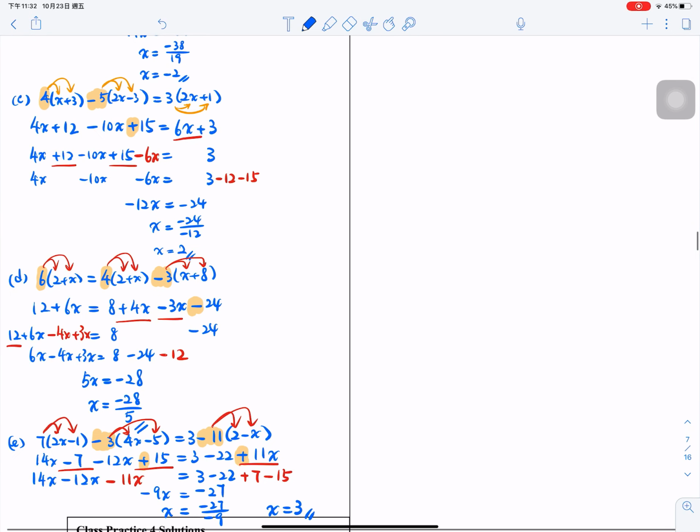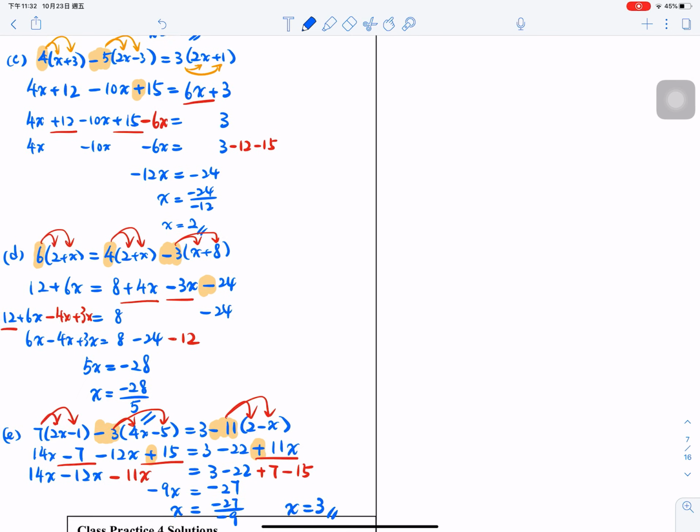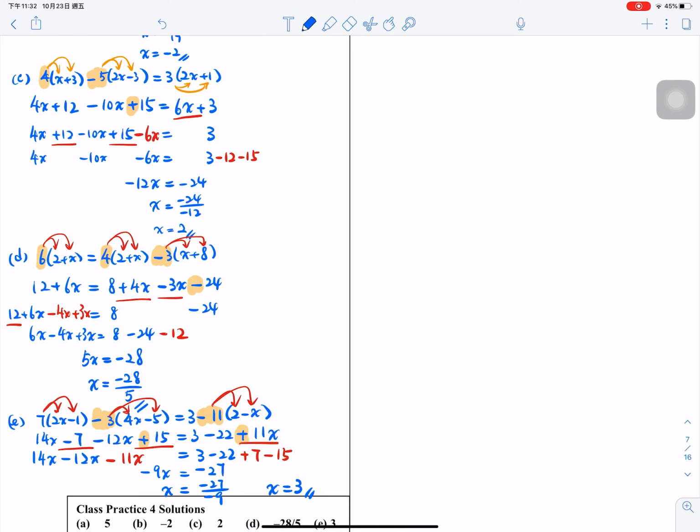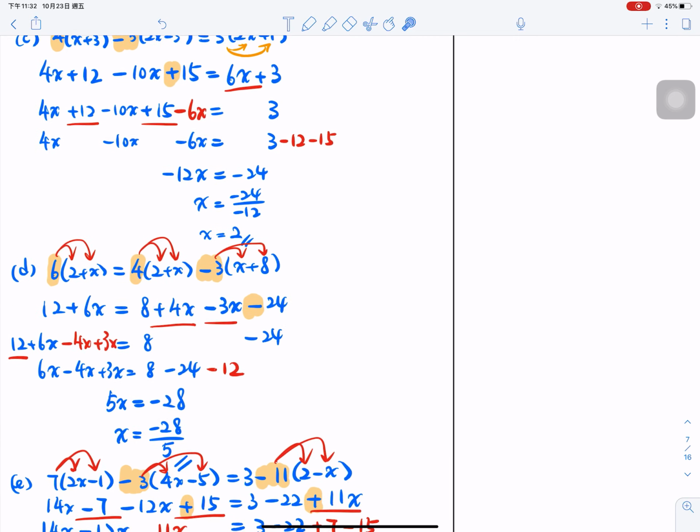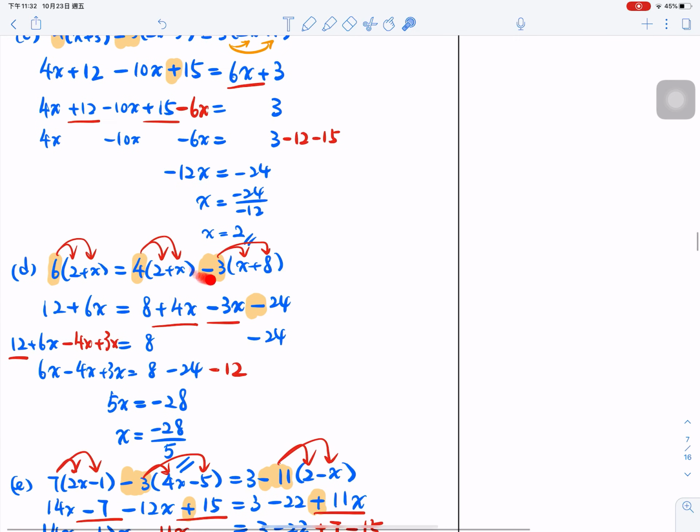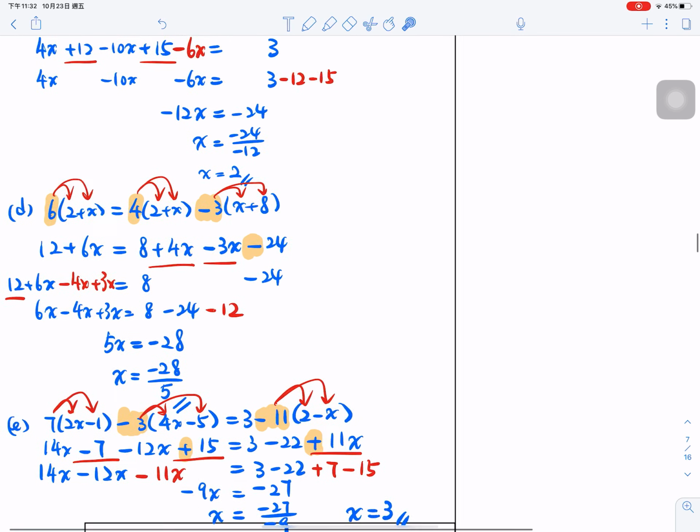So you see, class practice 4, you can try by yourself once again, okay? And pay attention to the expansion here. Remove the brackets correctly, especially for this kind of expansion. Negative 3 times into the bracket, and you find that if two positive values become minus and minus, okay?